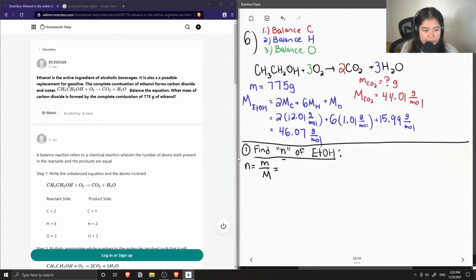So the mass of ethanol was 775 grams, and the molar mass we calculated to be 46.07 grams per mole. If we just divide the two, we end up with 16.82 moles of ethanol.